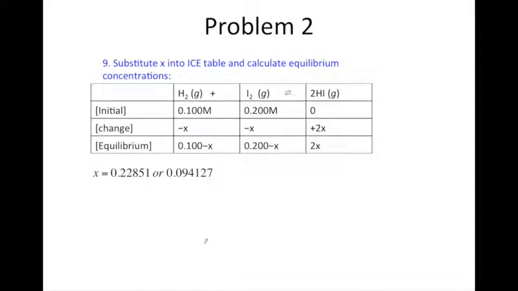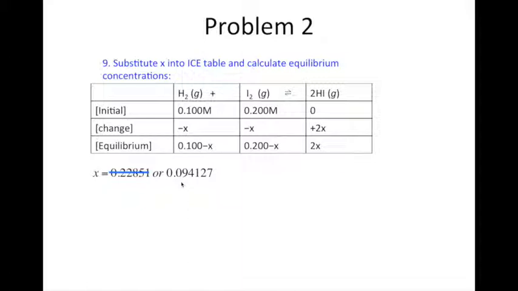Let's take a look at our ICE table and see. If we take a look at the first term, the 0.224, let's plug that in here. If we plug it in for x, we're going to get a negative number. So we can't have negative concentrations, so it cannot be that first number, because if we use that first x value, it gives us a negative value.